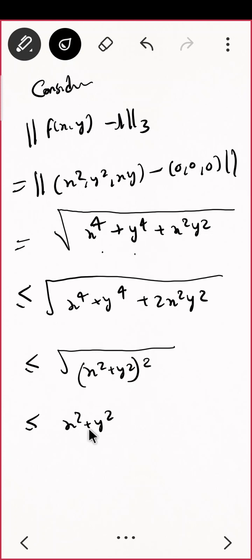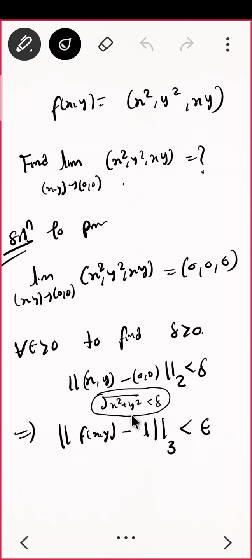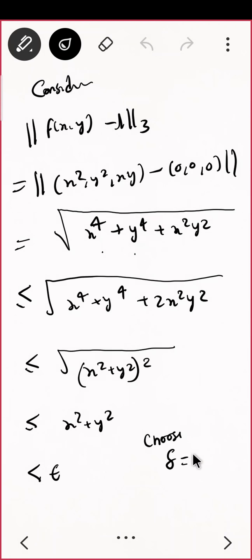This is less than epsilon when you choose delta as what? This is x square plus y square, so I have to square both sides. So delta square, so delta must be root epsilon. Do you agree?